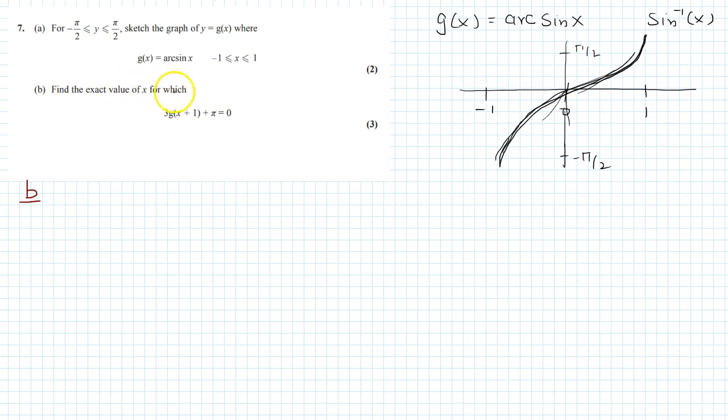Part B. Find the exact value of x for which 3g(x plus 1) plus pi is equal to 0. This is a very good question.